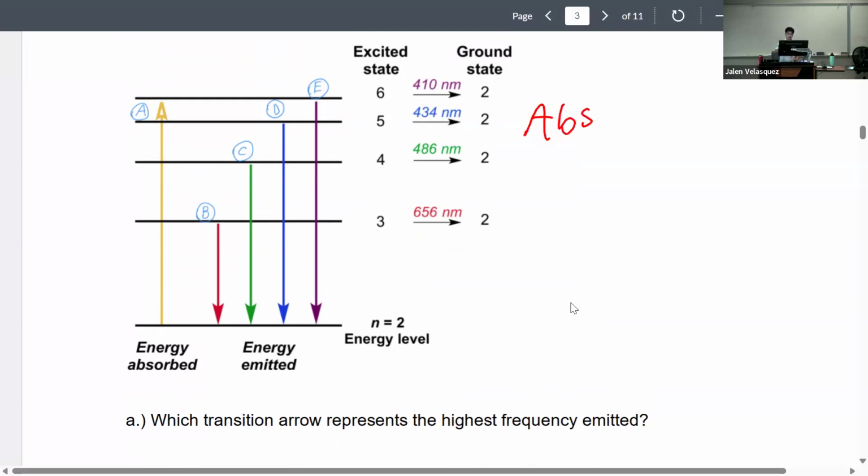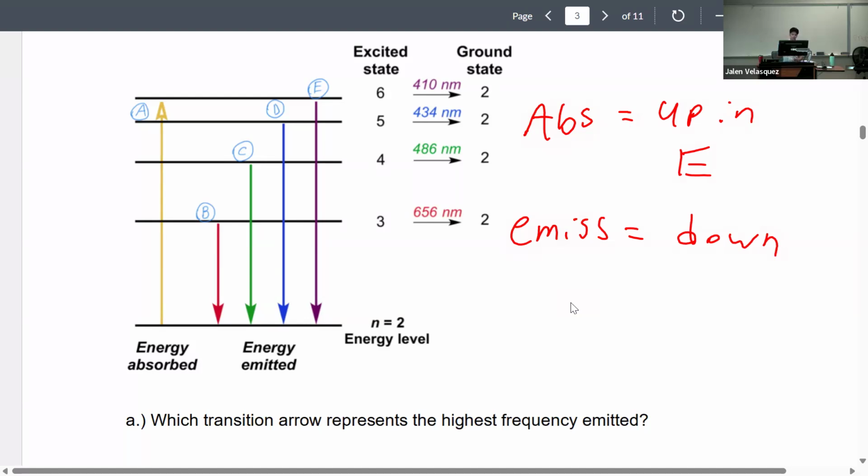If an atom absorbs energy, it's going to go up in energy level, right? And if we're emitting light, if we're emitting energy, we're going down in energy level.